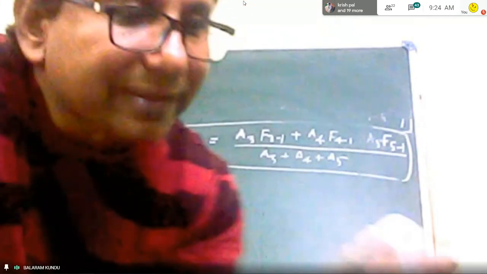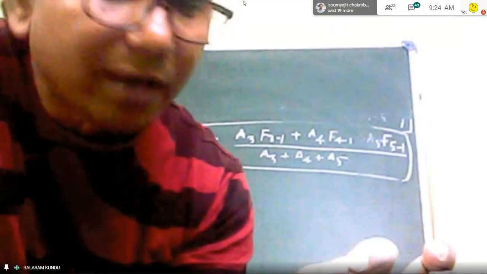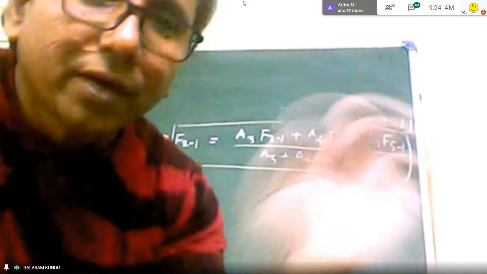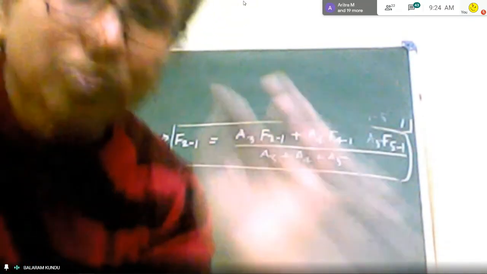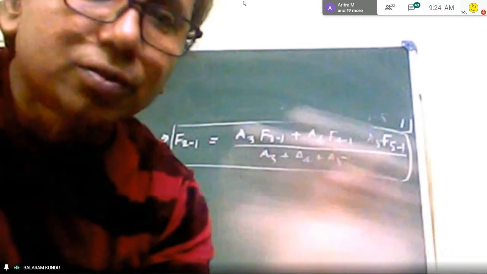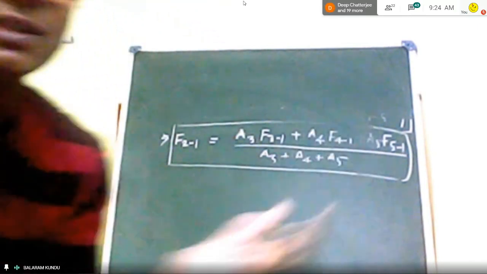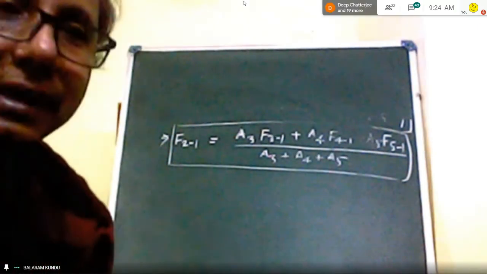Shape factor, you know, F1 1 is also possible. F2 2 is also possible. F3 3 is also possible. When is it possible?